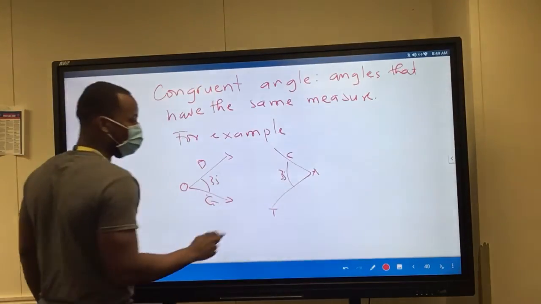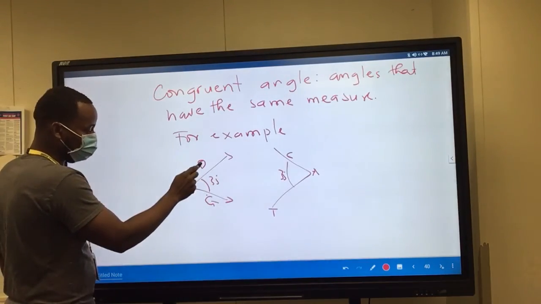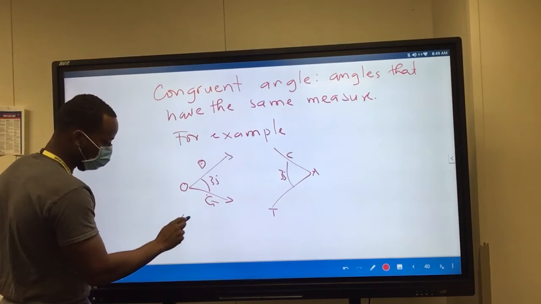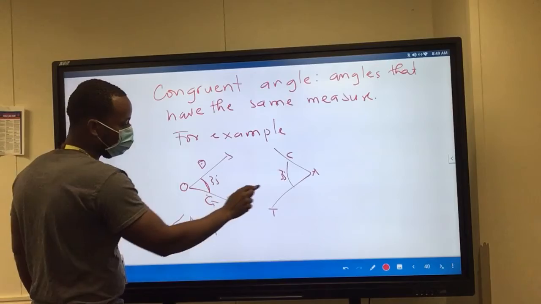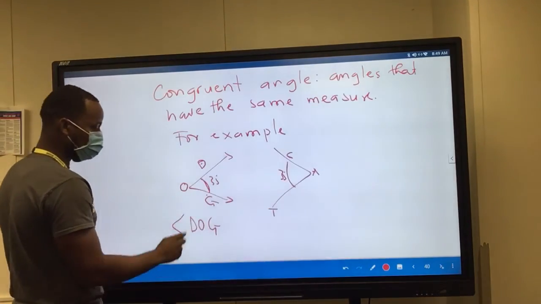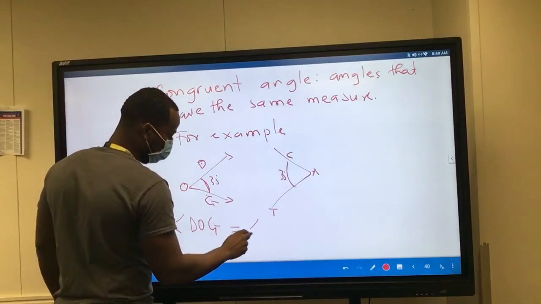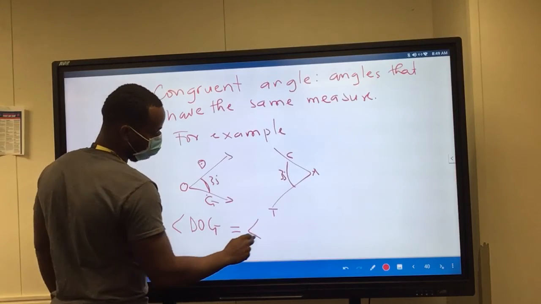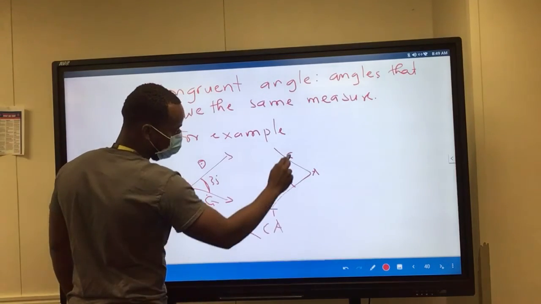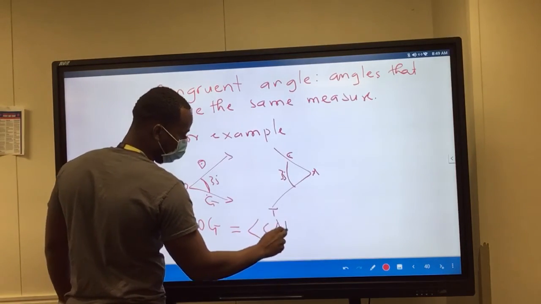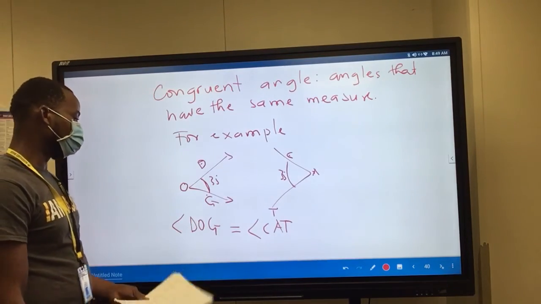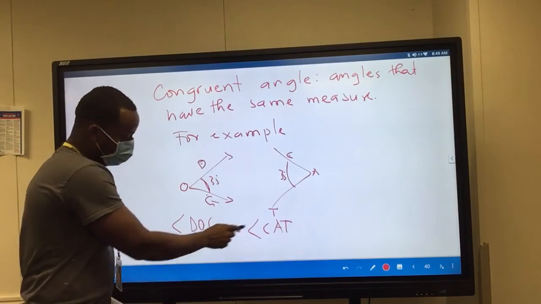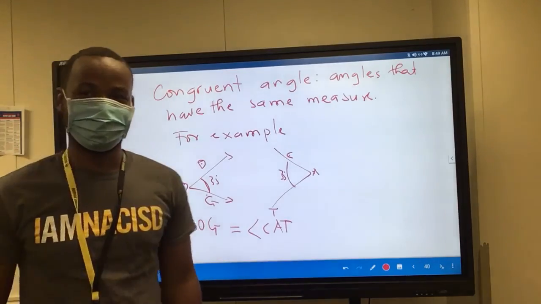We start from this point, so we do the symbol D, O, G. You can see that this is 35, and this is also 35. So you say DOG is equal to CAT. This is a 3-point naming. It means angle DOG is equal to angle CAT.